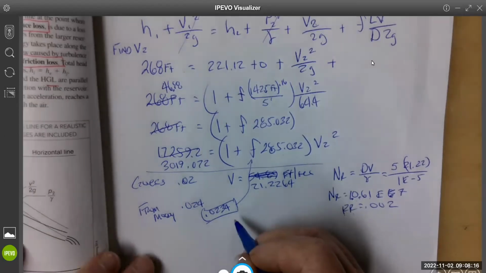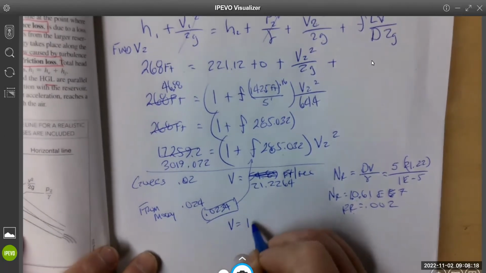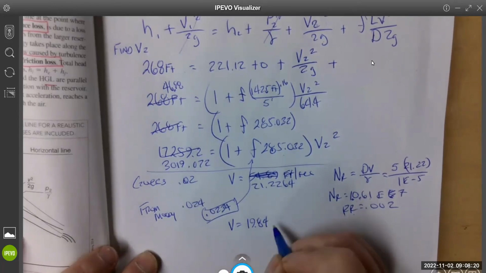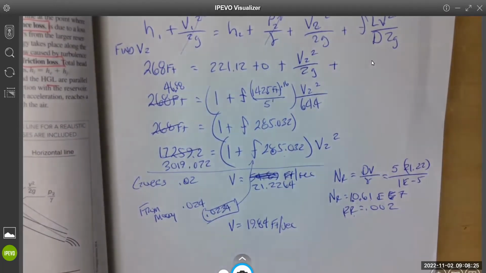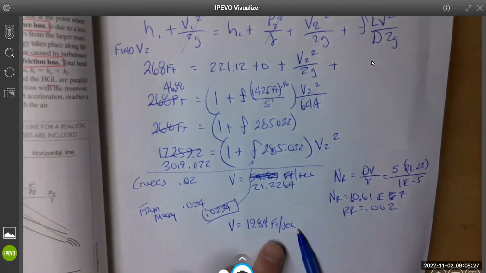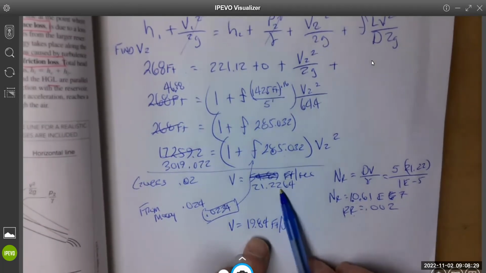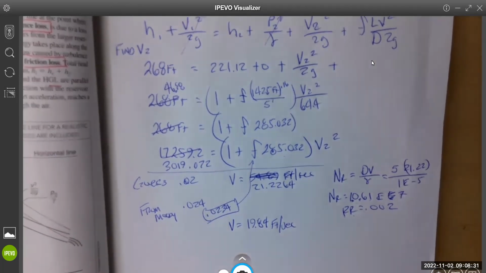All right, this develops a new velocity of 19.84. So that is less than the 21.22, but pretty close to it.